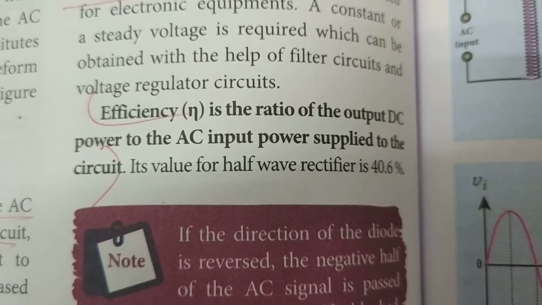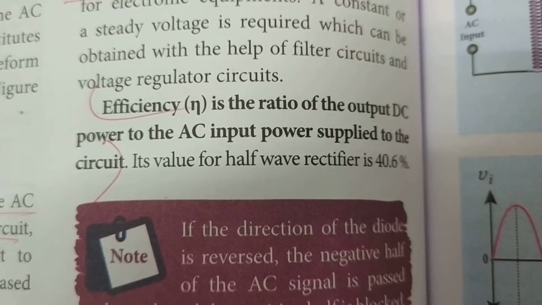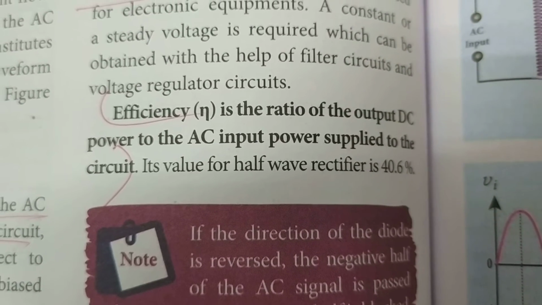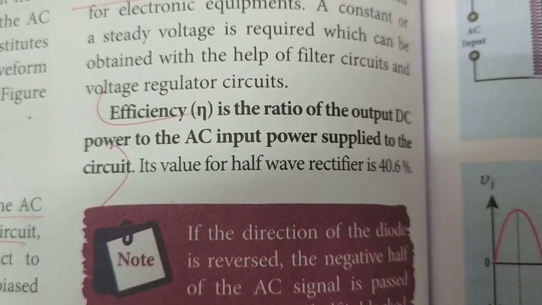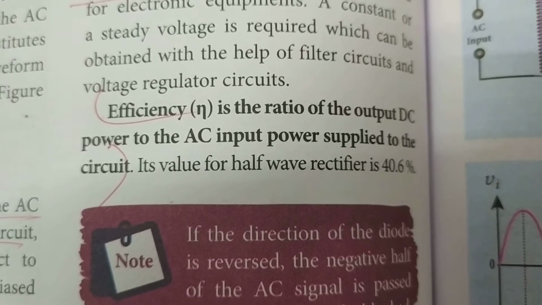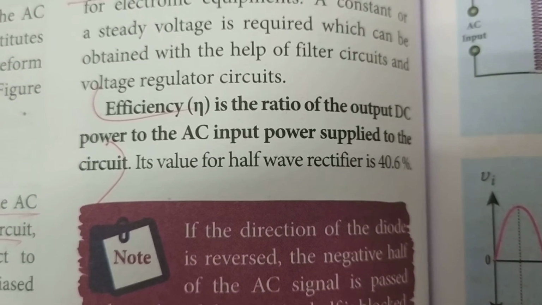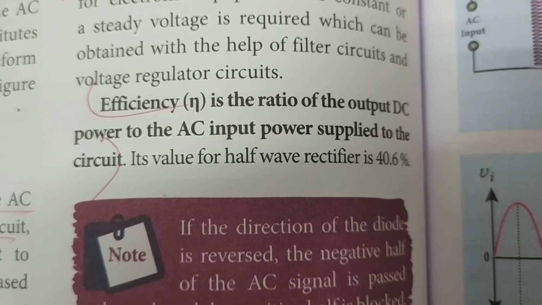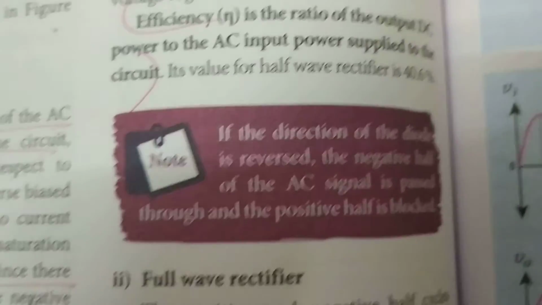Efficiency is the ratio of the output DC power to the input AC power supplied to the circuit. You give AC and you get DC. Power is nothing but the product of voltage and current.